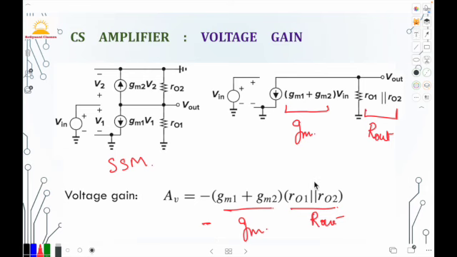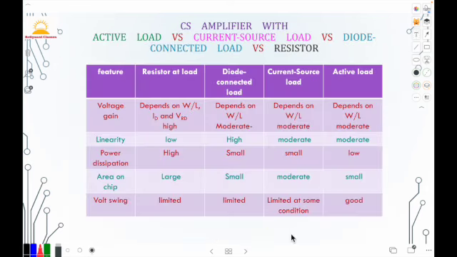Now let's compare all the common source amplifiers that we have studied till now. So this is the comparison table. Here we will focus on the active load version, and the active load version has moderate voltage gain but is more stable. It is more stable and depends on the aspect ratio only.